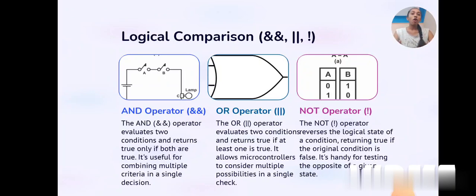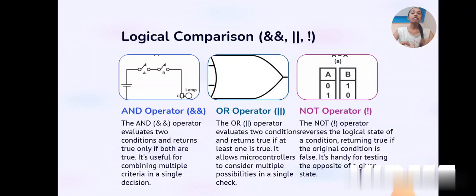The next one is OR operator. The OR operator evaluates two conditions and returns true if at least one is true. It allows microcontroller to consider multiple possibilities in a single check. As I said, it will take two inputs and produce only one output.